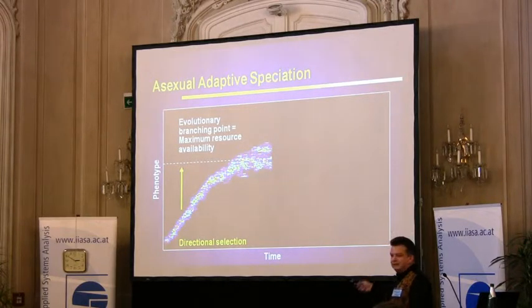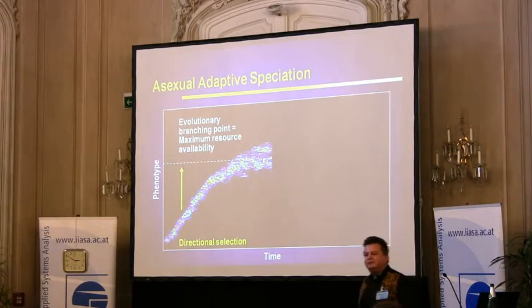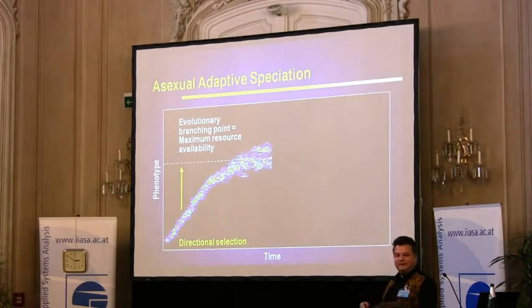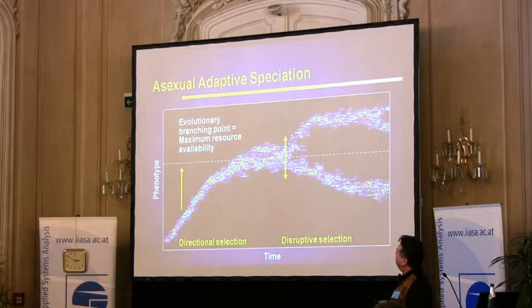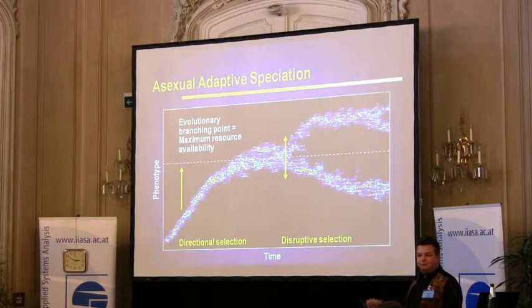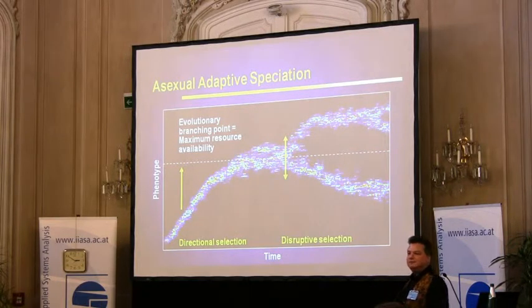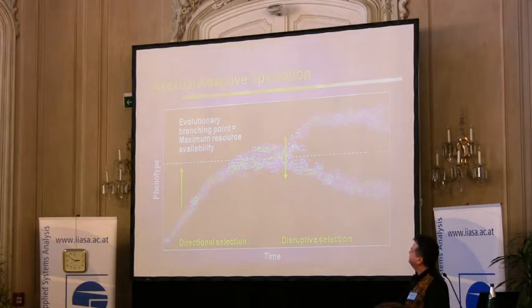So that's clear, that's where most resources are. But once everybody is there, we get disruptive selection, because then we have high competition for these resources, and it becomes advantageous to branch out literally and to exploit the tails of the resource distribution where there's less competition.